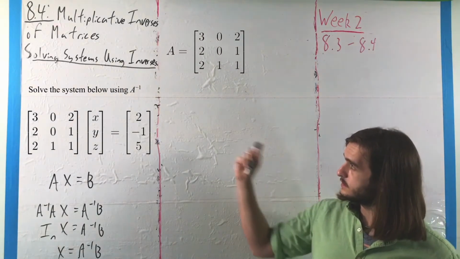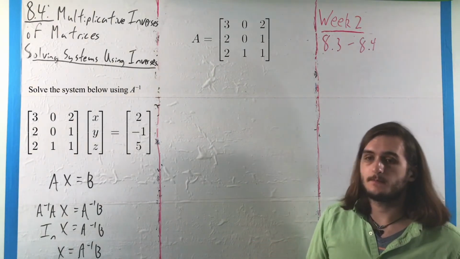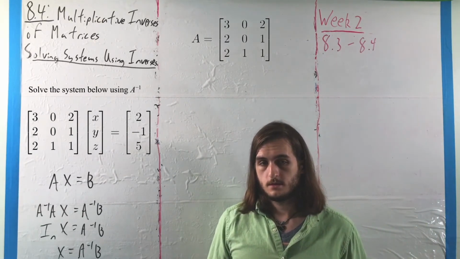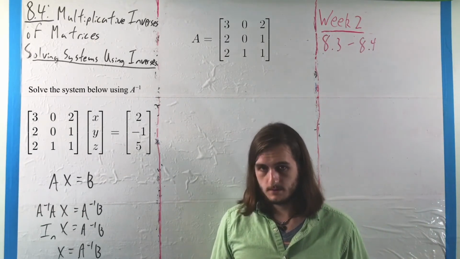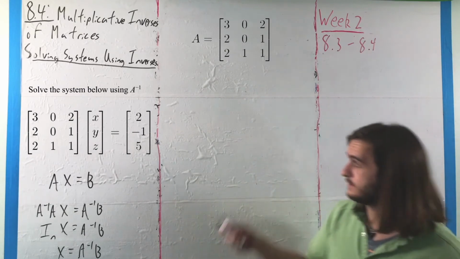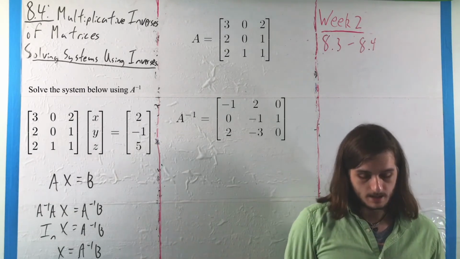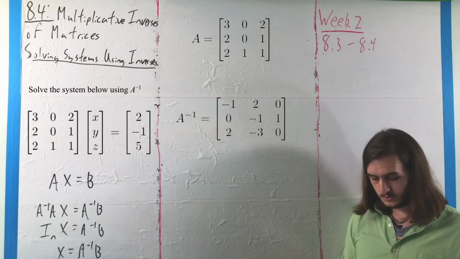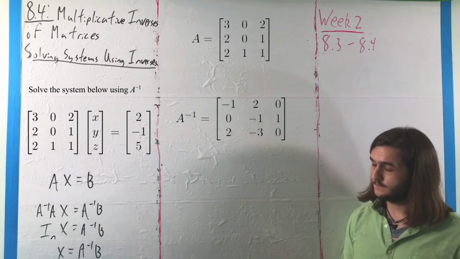And notice that our matrix of coefficients is just A from the last example. So we happen to have a nice inverse for it already. We happen to know that A inverse is -1, 2, 0, 0, -1, 1, 2, -3, 0.